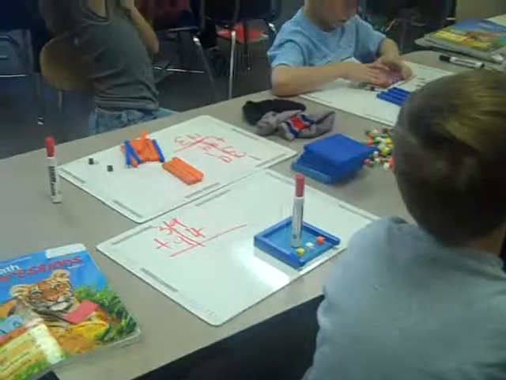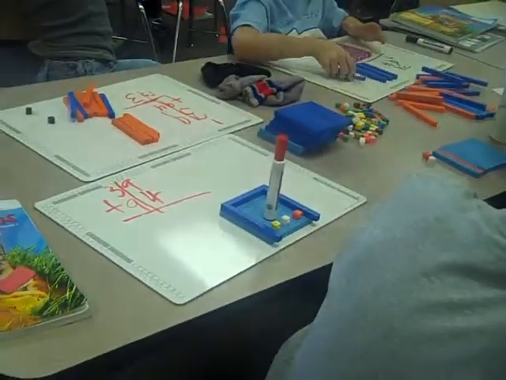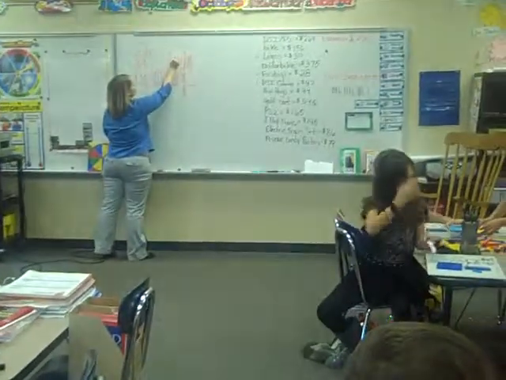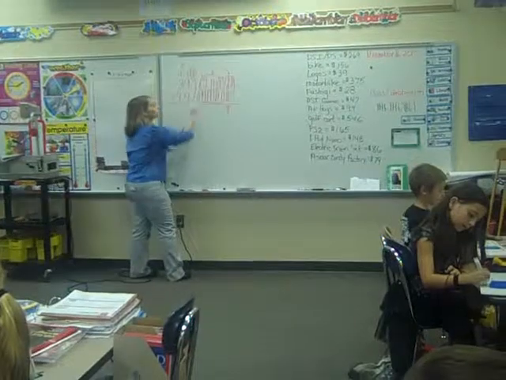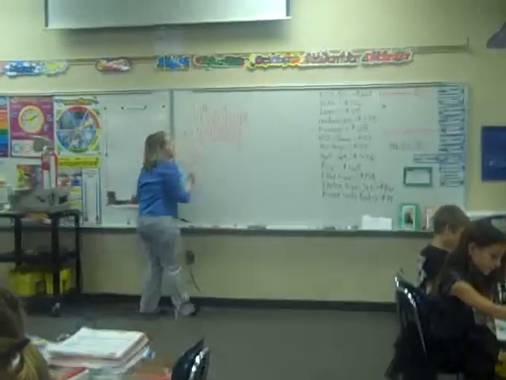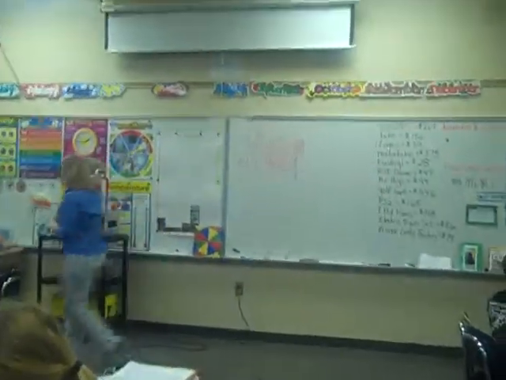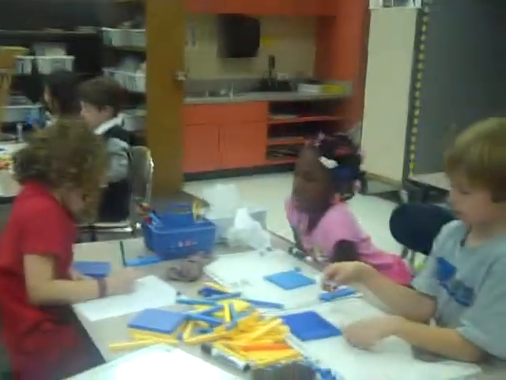It makes a 100. So, we need to take 10 of those tens, and now we need to turn it into a hundreds block. Let's turn it into a hundreds block. Trade that in.